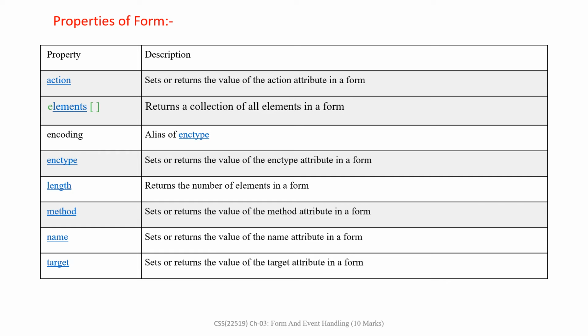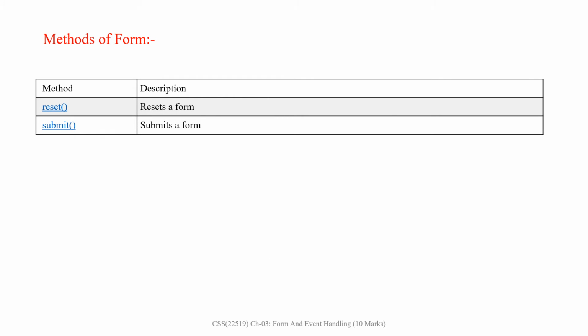Next are the methods of the forms. These are the two methods of the form, reset method and submit method. As the name suggests, reset means reset a form and submit means submit a form. Then these are the events of the form.